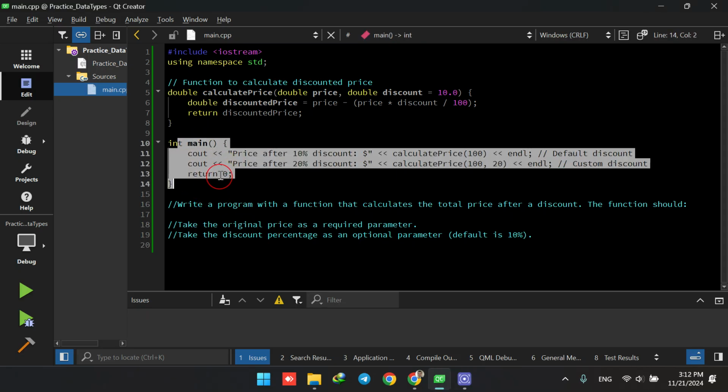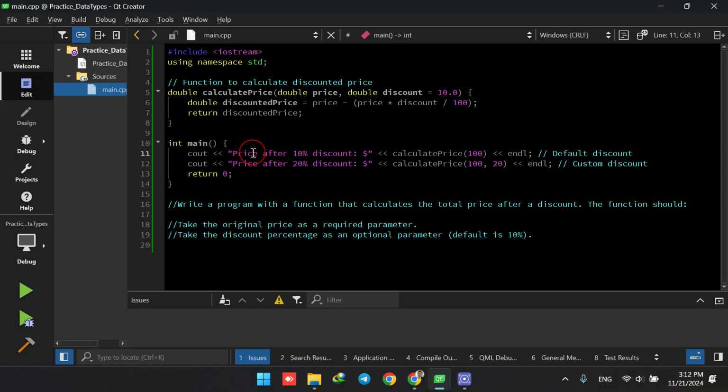We start with the main function. We print price after 10% of discount. Let's call the function calculate price. Let's go up here to see the calculate price function. We see the name is calculate price, the output is double, so it's going to return something, and it is indeed returning something.